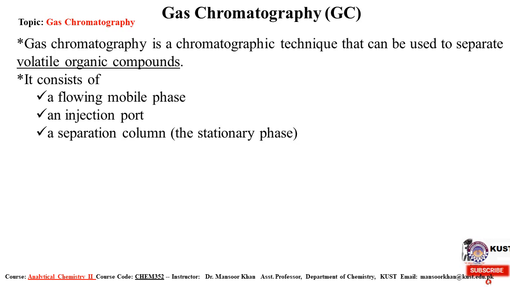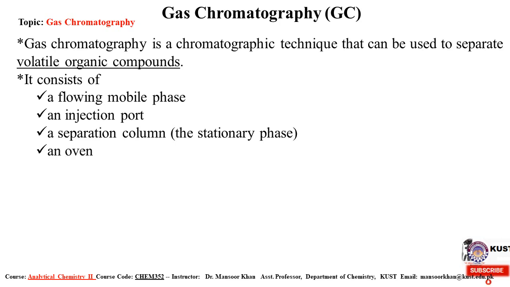This portion consists of a stationary phase, and due to this stationary phase, the components of the sample are separated from each other. The mechanism of separation totally depends on their interaction with the stationary phase which is present inside the column.